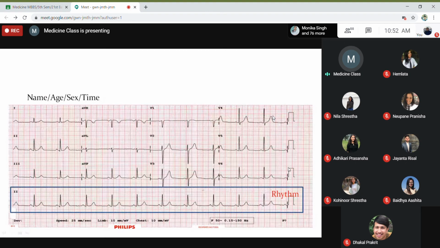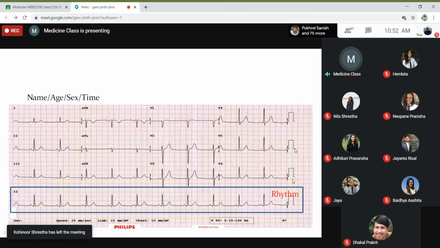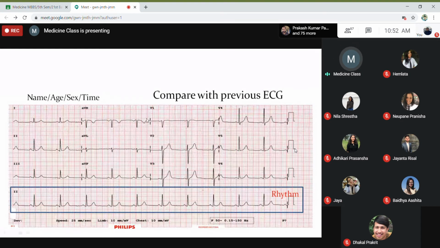If you look at it here, there will be 10 small squares over here. So this says that this is 10 millimeter per millivolt. This is normal. After looking at all these parameters, we compare with the previous ECG whether there are any changes or not, if previous ECGs are available.